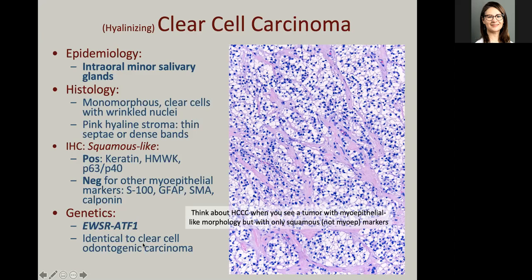However, this gene rearrangement is also present in so-called clear cell odontogenic carcinoma. Well, clear cell odontogenic carcinoma is morphologically and immunohistochemically and genetically identical to clear cell carcinoma of salivary gland. It just happens to occur intraosseously in the jaws, okay? So just one small point.